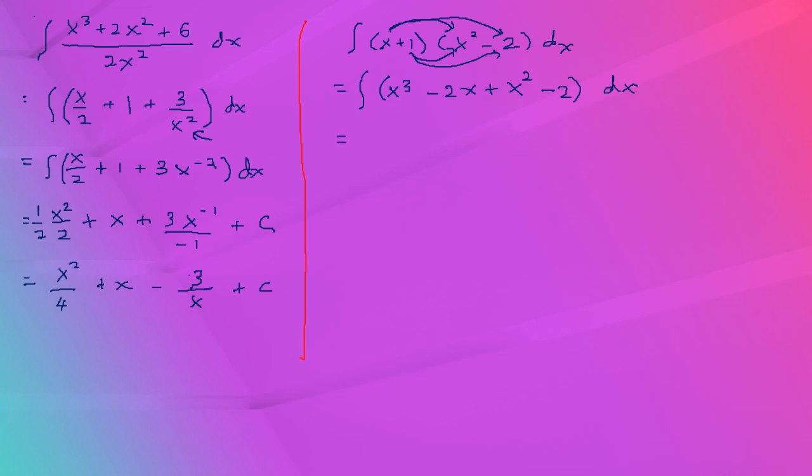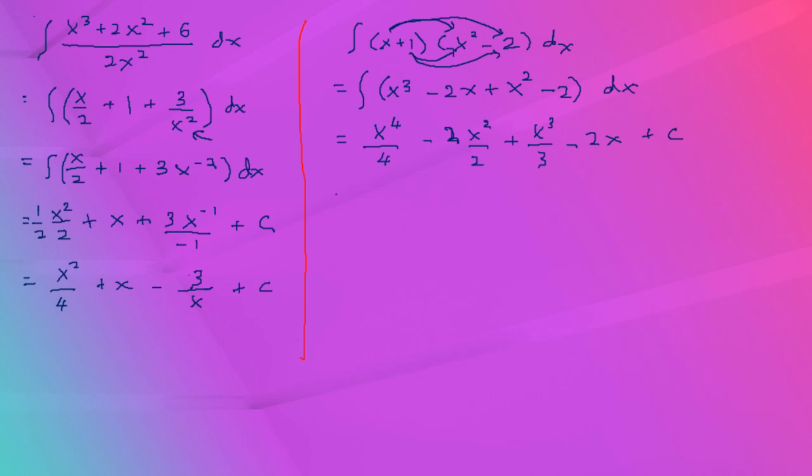So integrate x to the power of 3, we get x raised to the power of 3 plus 1, 4, divided by 4, minus integrate 2x, we get 2x to the power of 2 over 2, plus integrate x to the power of 2, we get x to the power of 3 over 3, minus integrate 2 is 2x, plus c, because it is an indefinite integral.